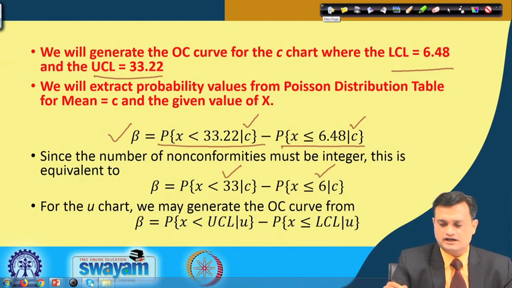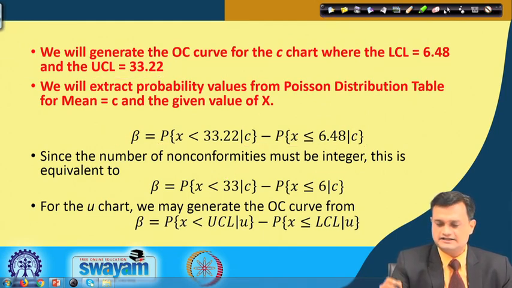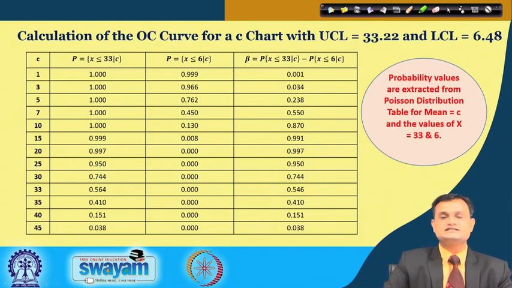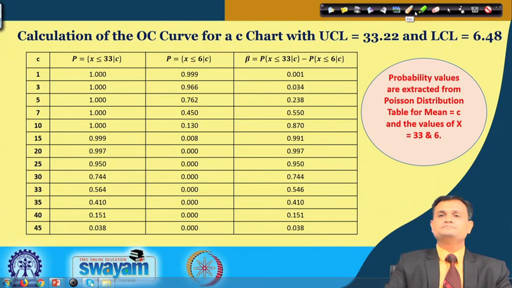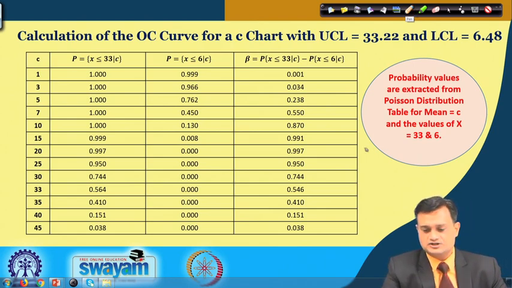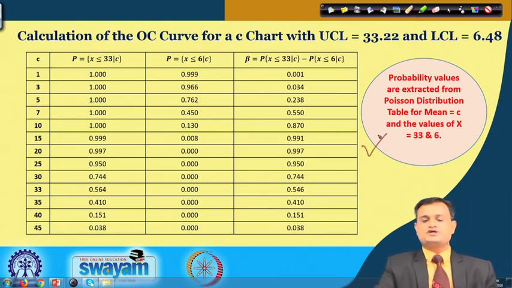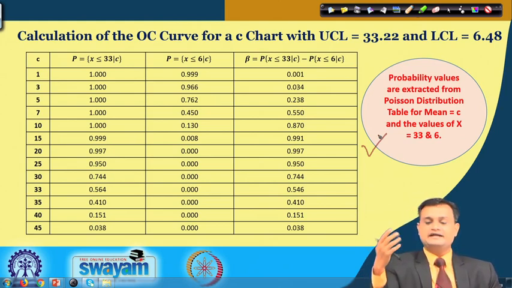So, now you refer to the table of Poisson distribution, and this is where I have tabulated the values, which are extracted from the Poisson distribution table. For mean C, your column, you just open it and you will get the idea, and the various values of x are in the row.